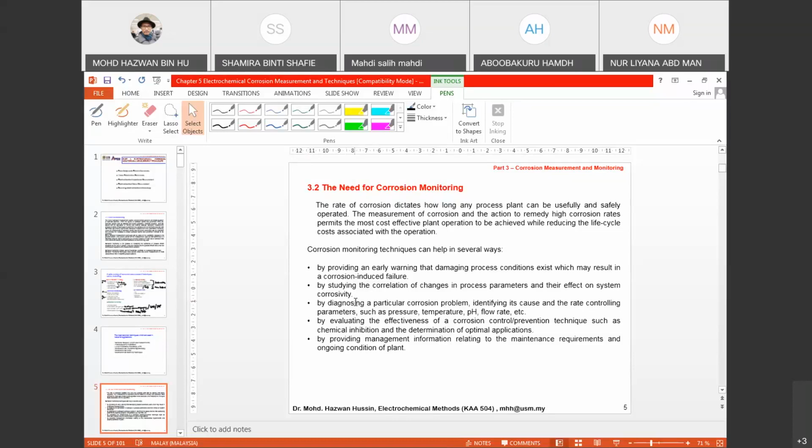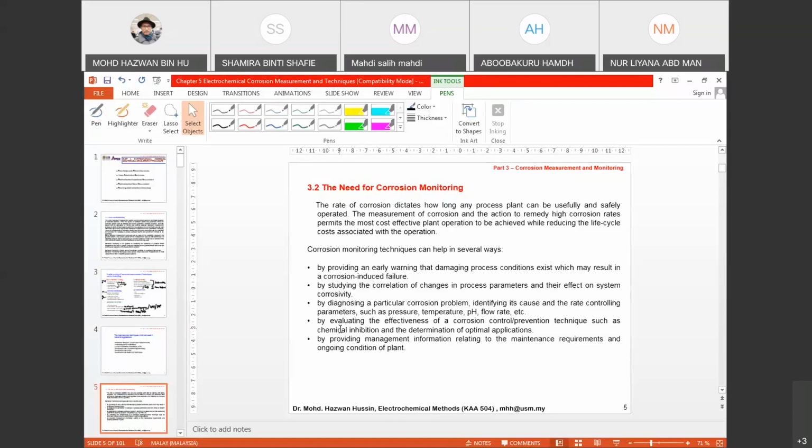Corrosion monitoring techniques can help in several ways. First, by providing an early warning that damaging process conditions exist which may result in a corrosion-induced failure. By studying the correlation of changes in process parameters and their effect on system corrosivity.